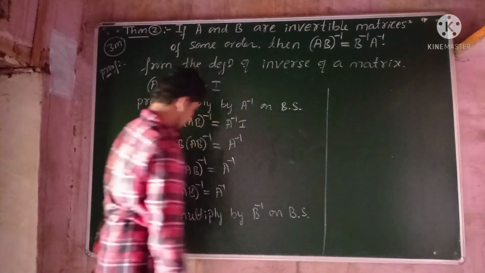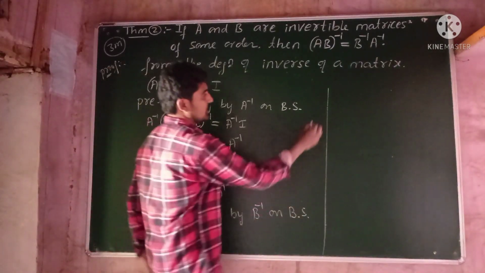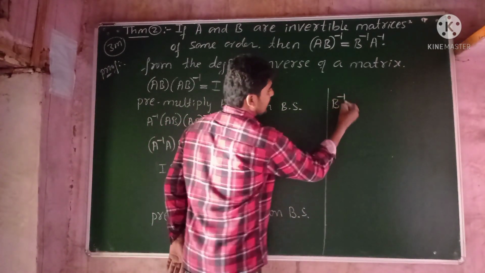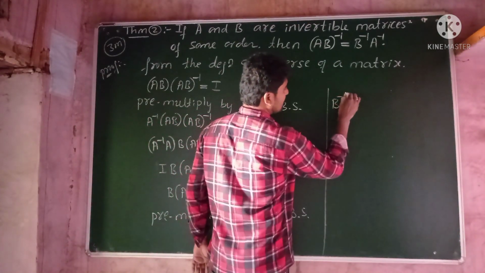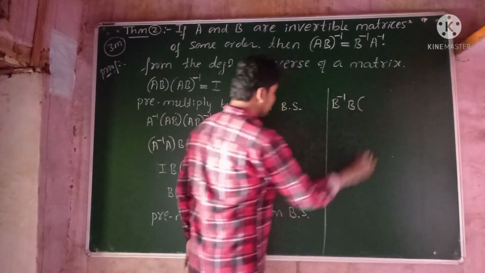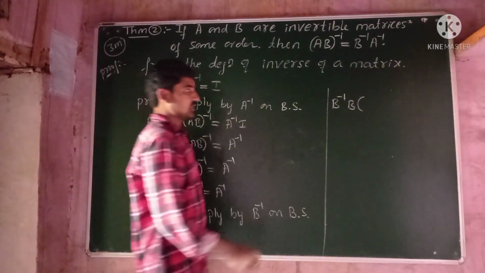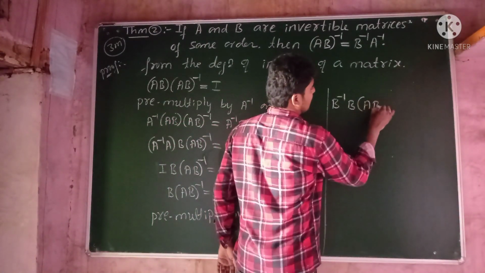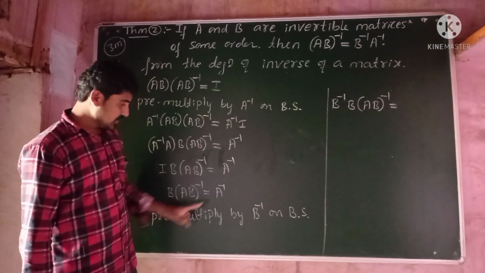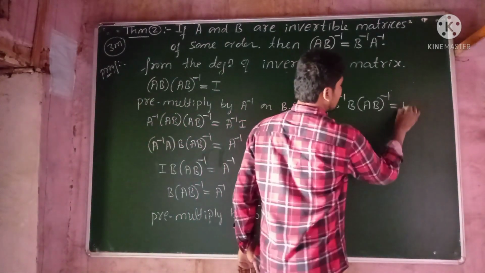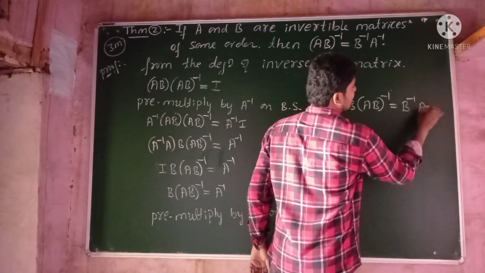Now, this equation becomes B inverse into B matrix into AB inverse matrix is equal to B inverse into A inverse, because we are multiplying B inverse into A inverse.